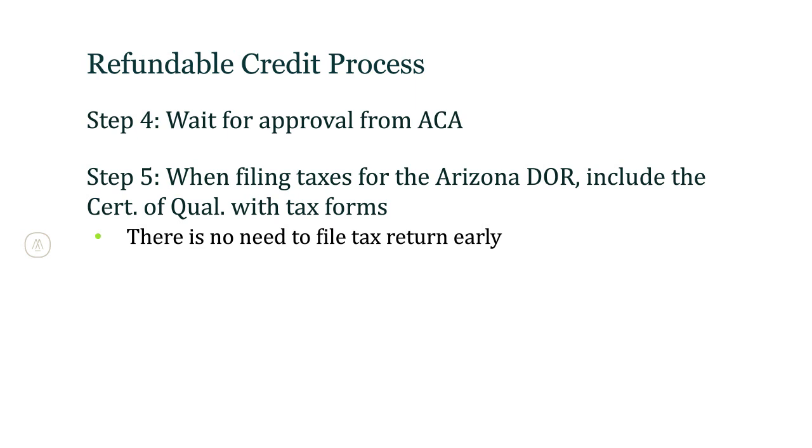So you wait until it's time to file your tax return, and when you do file, you include that certificate, and assuming nothing's changed in your tax position, if the company's still in losses, then once you get your tax refund, the refundable credit will be included in there. But it's important to note that there is no need to file any early tax return. This is all just a pre-approval process that comes well in advance of filing your tax return.